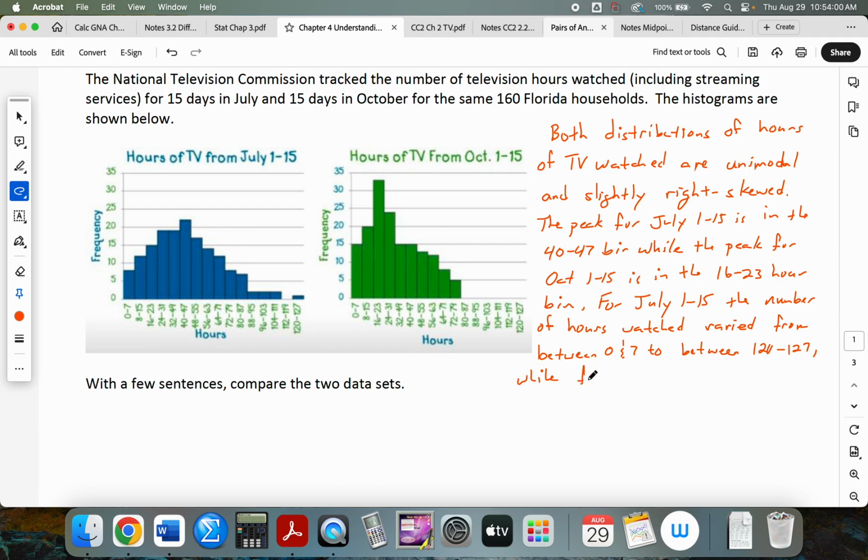While for October 1 to 15, the number of hours watched ranged, or varied is a better way to say that, from between 0 and 7 and 72 and 79.